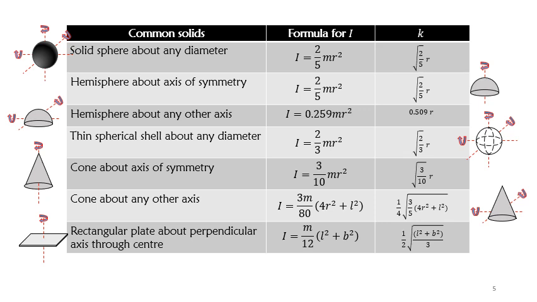So these formulas can be used to estimate the moment of inertia of any type of object, as long as the mass is known, the radius is known, and the length or breadth where that is applicable.